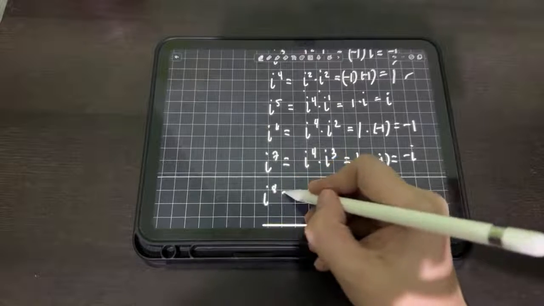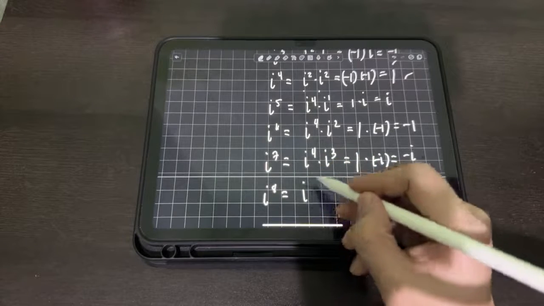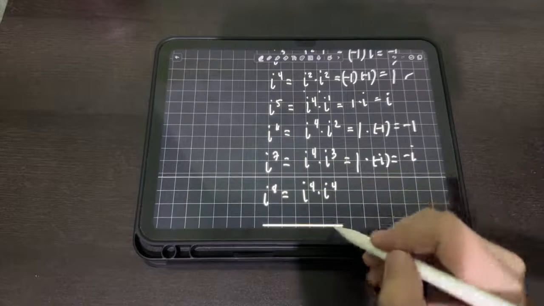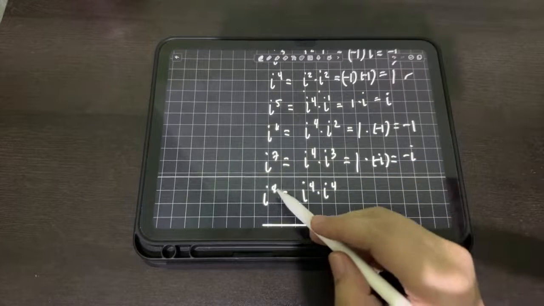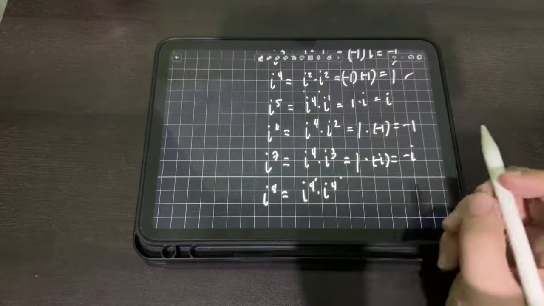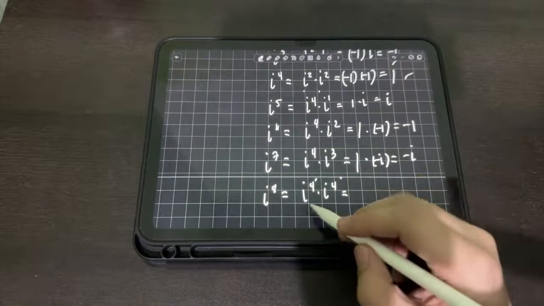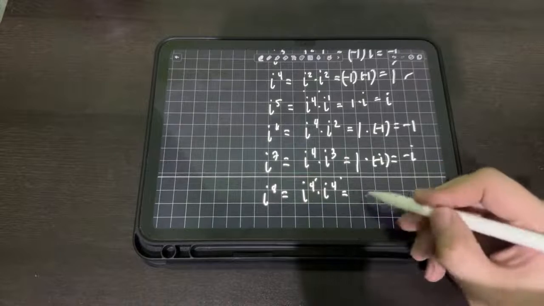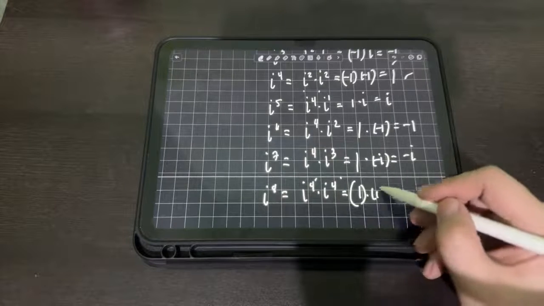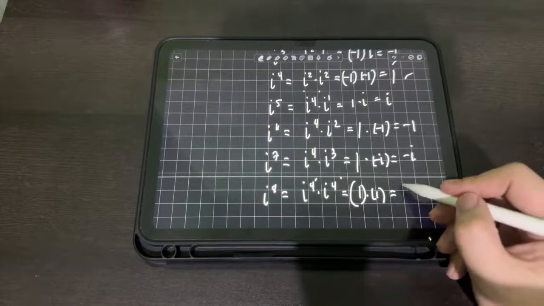Next, i to the 8. I can split the power of i to the 8 as i to the fourth times i to the fourth, since 4 plus 4 is 8. We already know that i to the fourth is 1, right? So you have 2 i to the fourths. We have 1 times 1, and 1 times 1, that's 1.